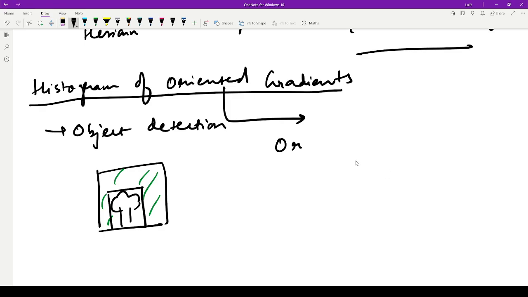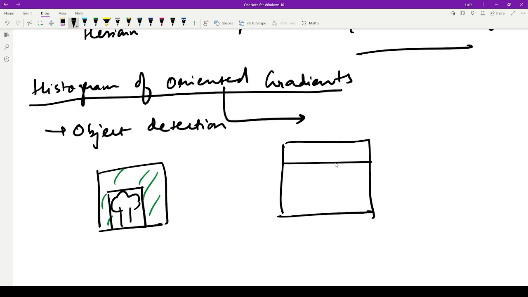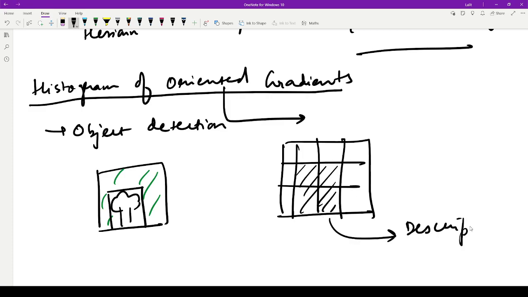Once you have computed the gradients of the image for each pixel, you divide the image and describe each part of the image by a descriptor, a descriptor using the gradients.